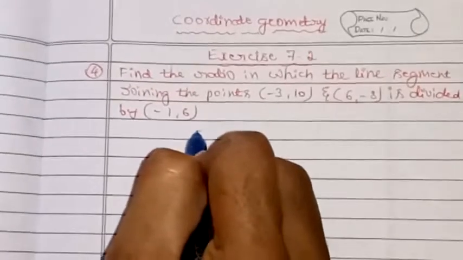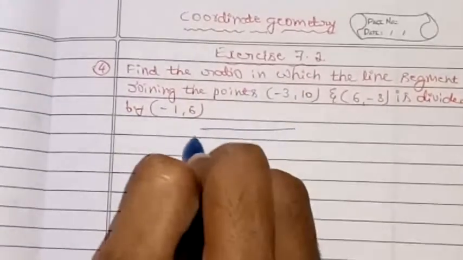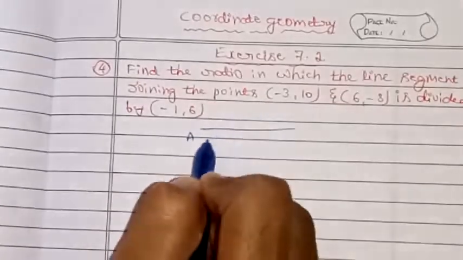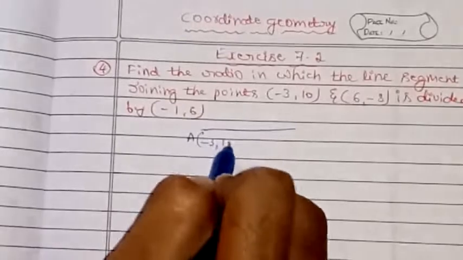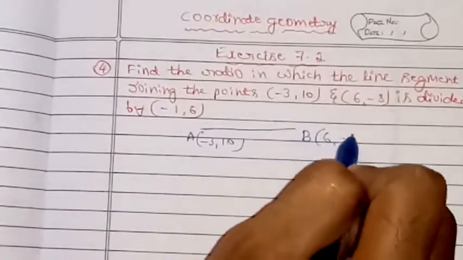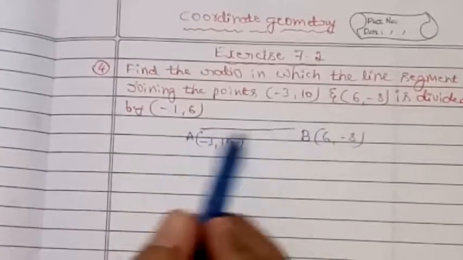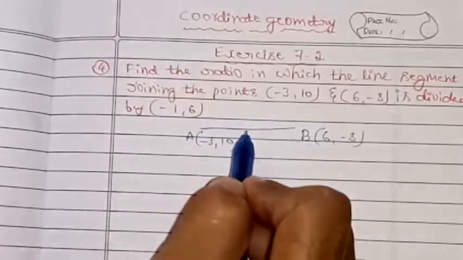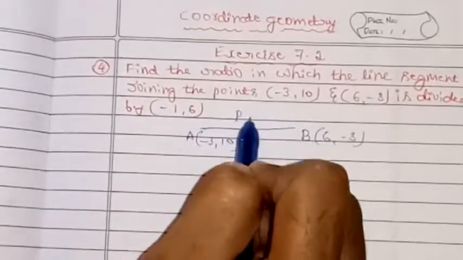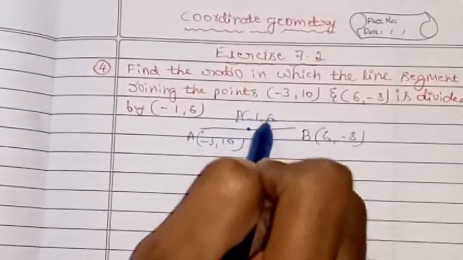So for example, suppose A is the first point, with coordinates (-3, 10), and B is the point (6, -8). Suppose AB is a line segment which is divided at the point P, and they have given the coordinates of P also: (-1, 6).